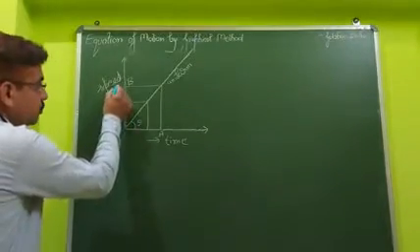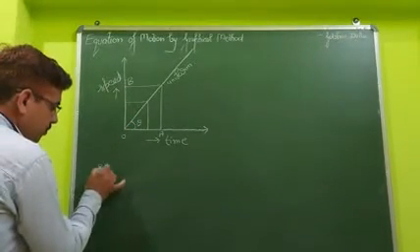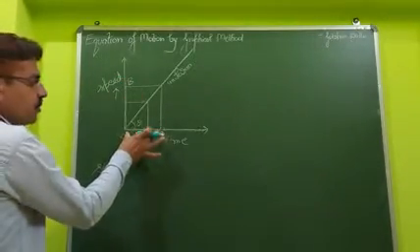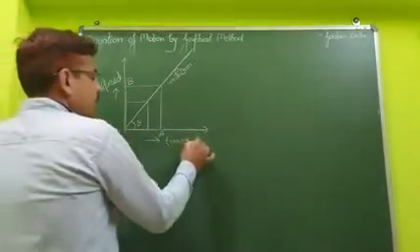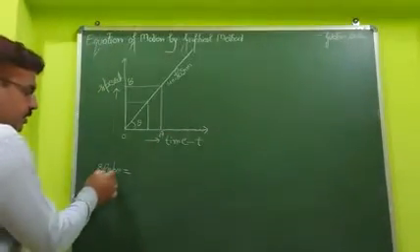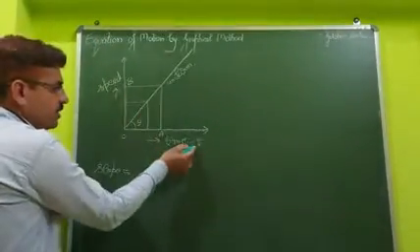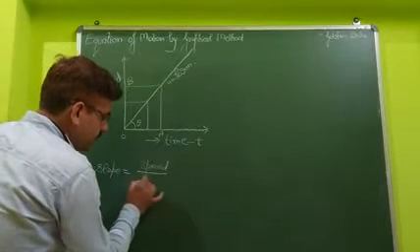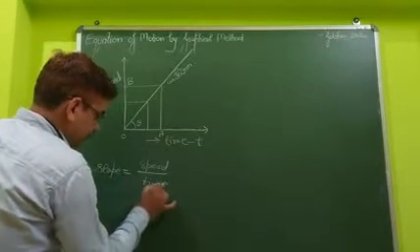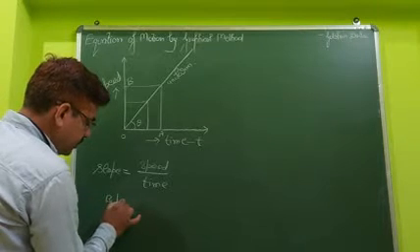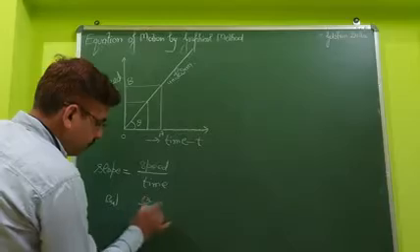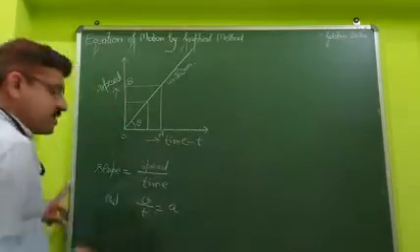You know that slope. Now slope is perpendicular over base, the same formula you used in the last one. So slope is equal to perpendicular over time. So perpendicular is nothing but speed, over time. But you know that v over t is equal to acceleration.